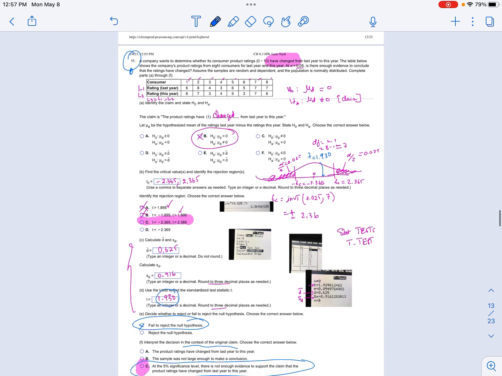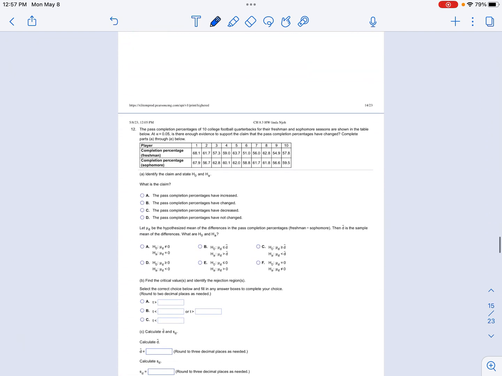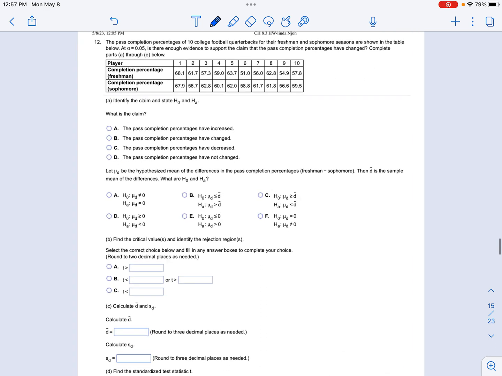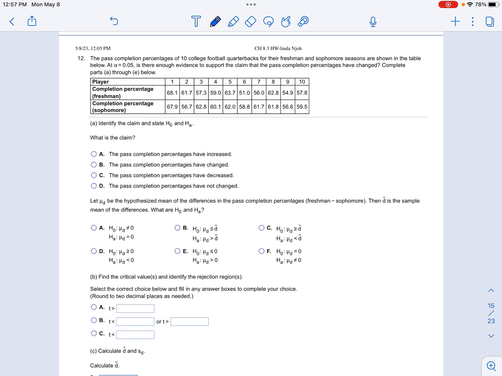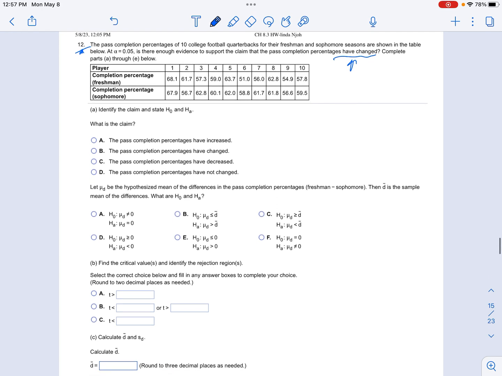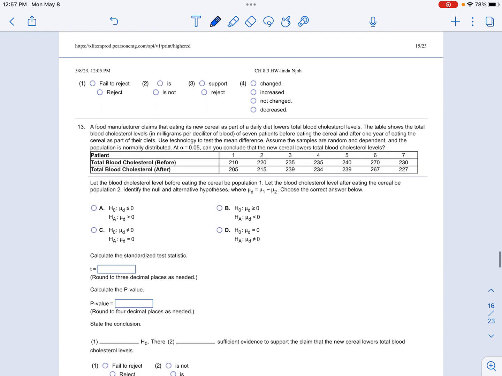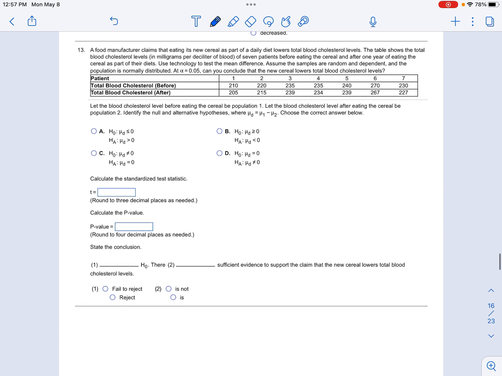Pause, review. Okay, so let's look at number 2: to support the claim that the paths have changed. See, I did 11, you can do 12 on your own. Have changed, so two-tail test. Let's look at 11.